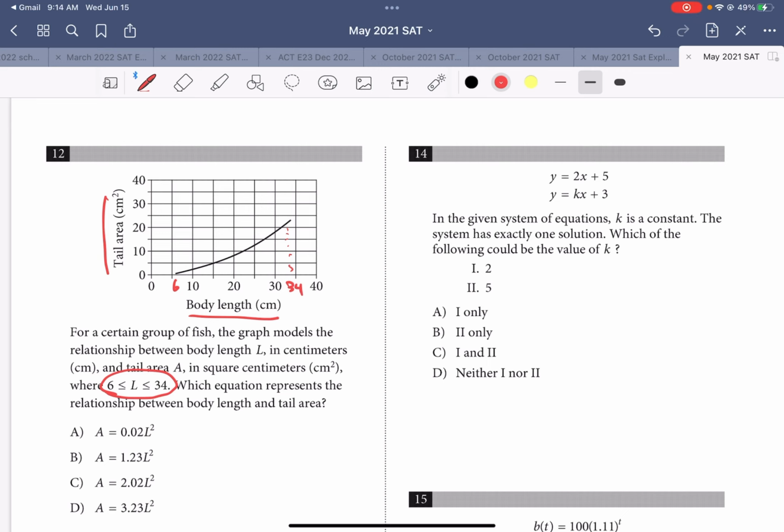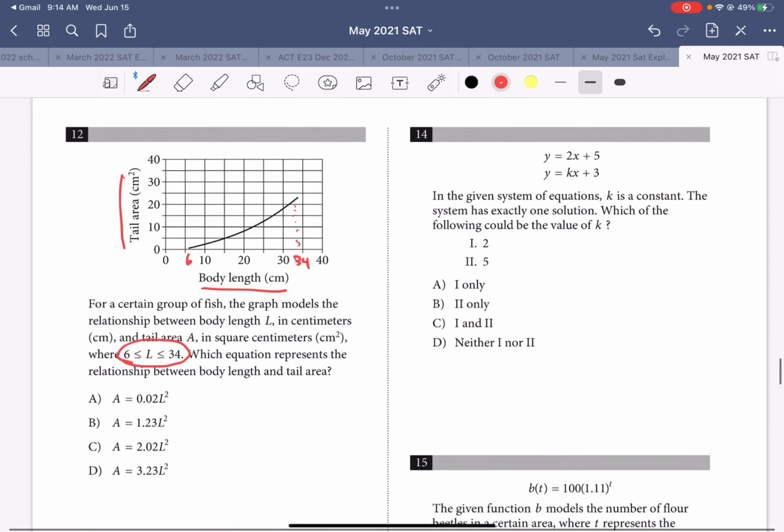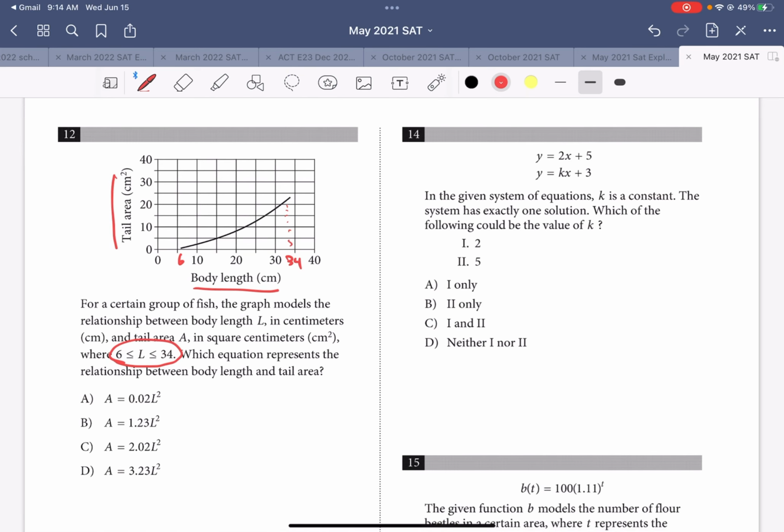Which equation represents the relationship between body length and tail area? So they already provide you the equation. One way is you can just find a clear value here. You can say 15 comma 5. So when you plug it in, which one works?